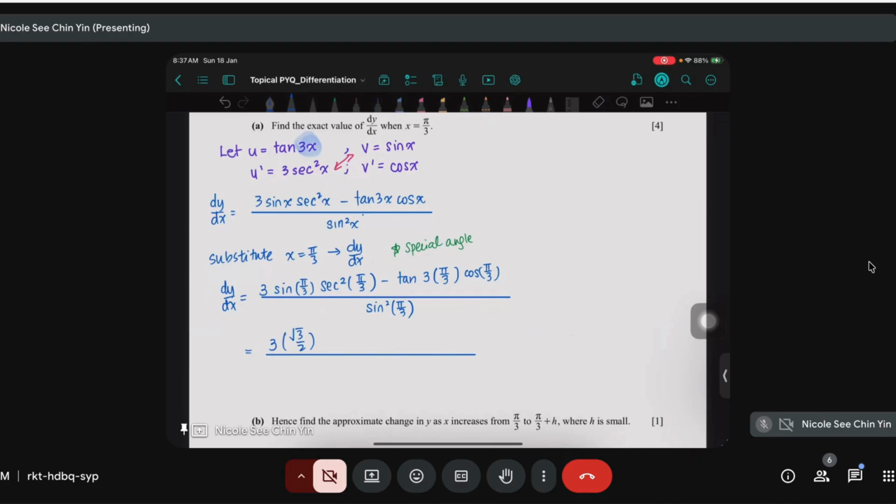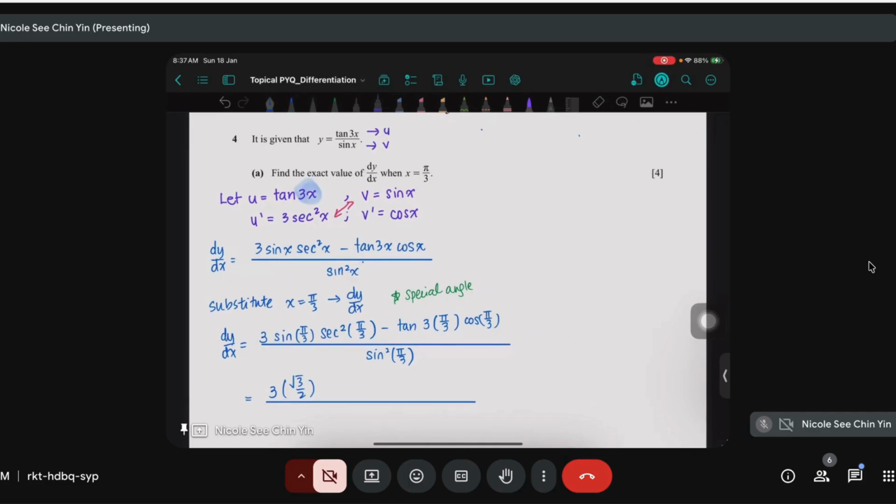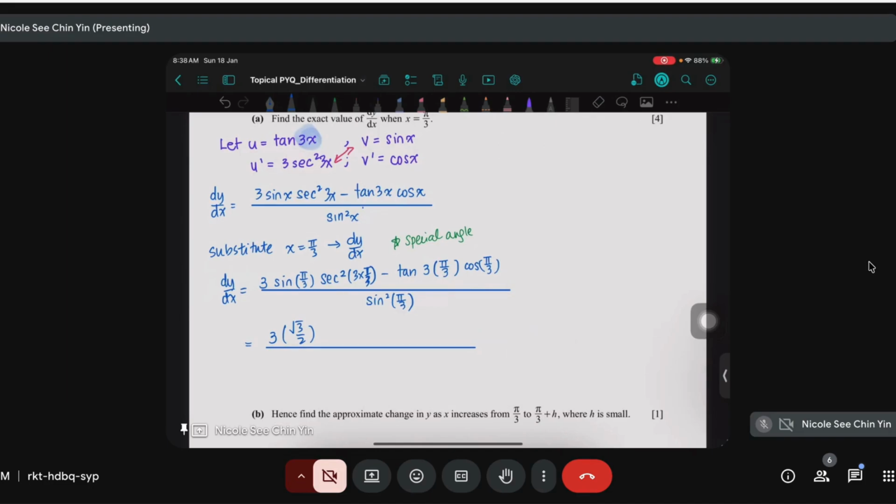Sec square 3x, you have the 3 here, 3 times pi over 3, so sec square pi is actually 1 over cos pi, so it also becomes 1 reciprocal.